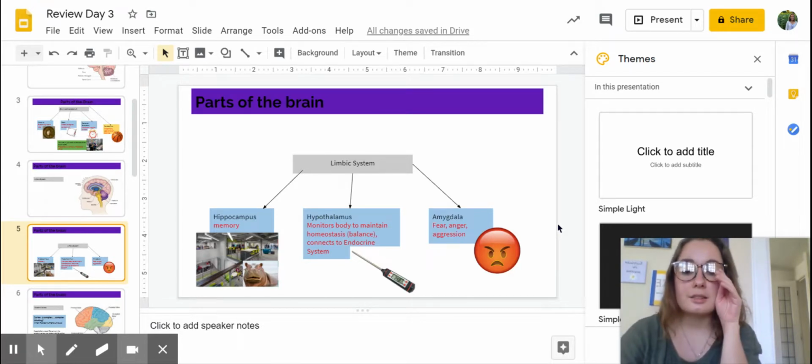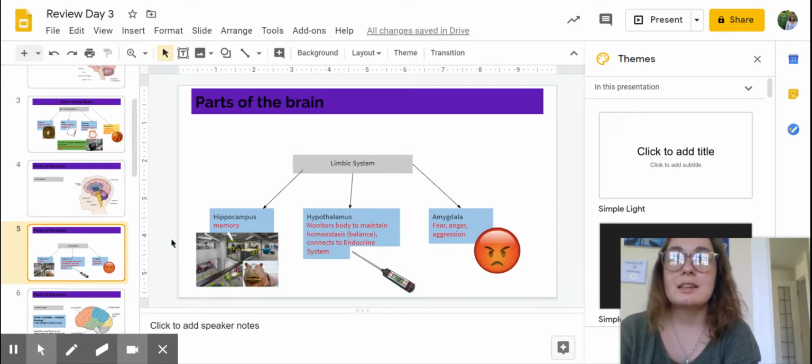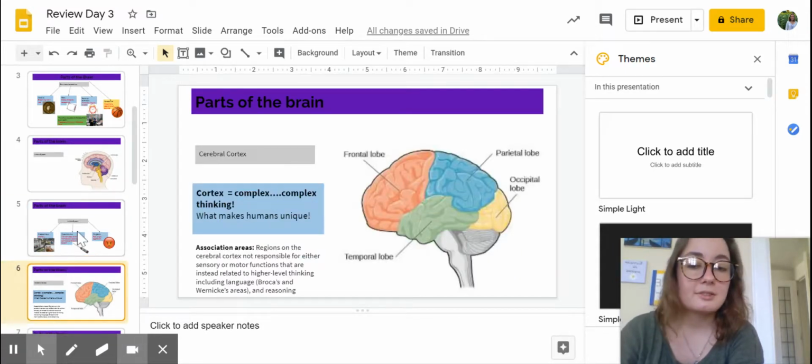So amygdala, just remember fear, anger, aggression. And there was the interesting case of the person who didn't experience fear because their amygdala was damaged. And we said that's actually probably a bad thing because you can't protect yourself. If you can't feel fear, fear is almost a good thing. It's an adaptive thing. So interesting example there.